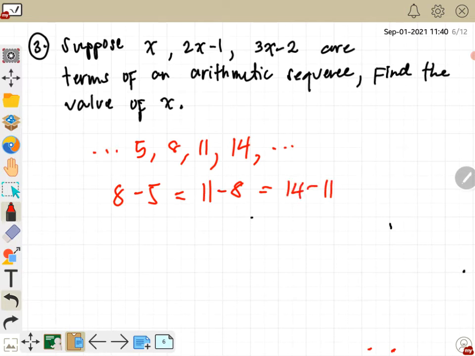Meaning, it tells us that when we subtract a term from its succeeding term, it's the same as when we subtract any other term from its next term.